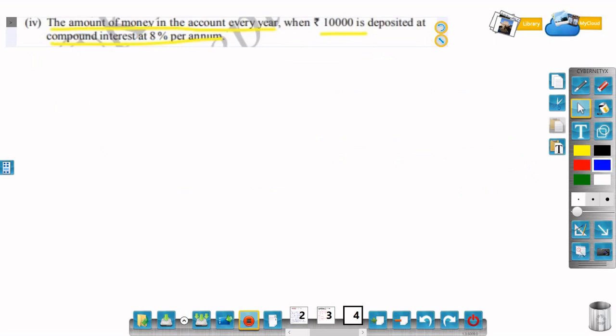Right now, you have to write the amount of money in the account every year: for the first year, second year, third year, fourth year, and so on. In the first year, 10,000 is deposited at compound interest at 8% per annum.